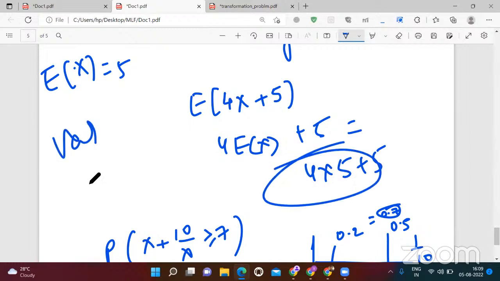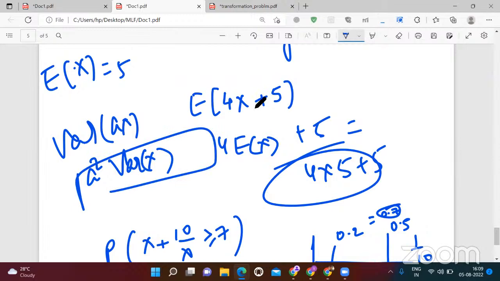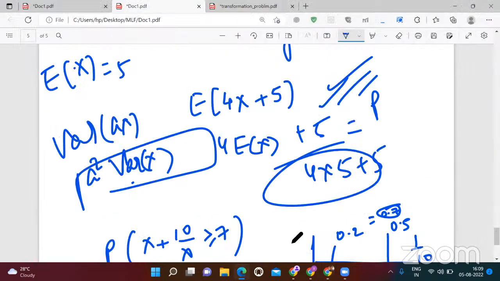Similarly, you can calculate the variance. The variance of ax is a square times the variance of x, and the variance of x will be given. This is also important. I told you the properties. If the variables are independent, you can directly sum the variances. For expectation, it doesn't matter whether they are independent or dependent.